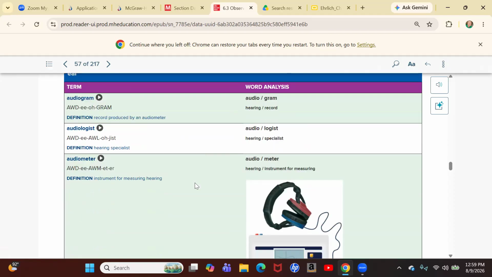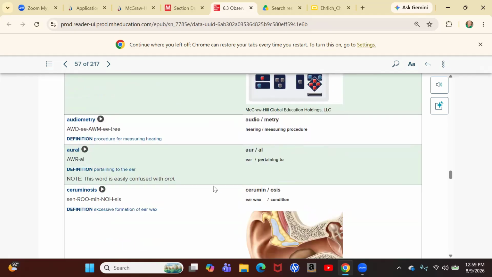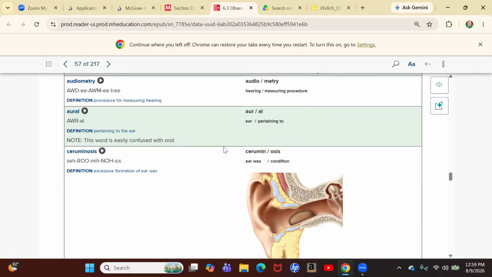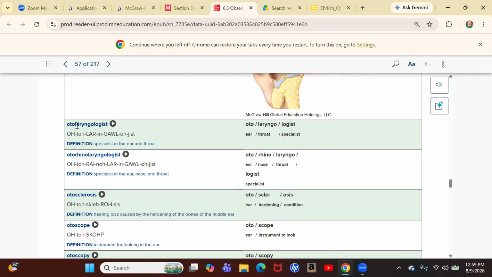Other conditions here, looking on to the ear, an audiogram, audiologist, audiometer, audiometry, ceruminosis, excessive earwax, an otolaryngologist, oto meaning ear, laryngo meaning throat, ologist meaning specialist of.